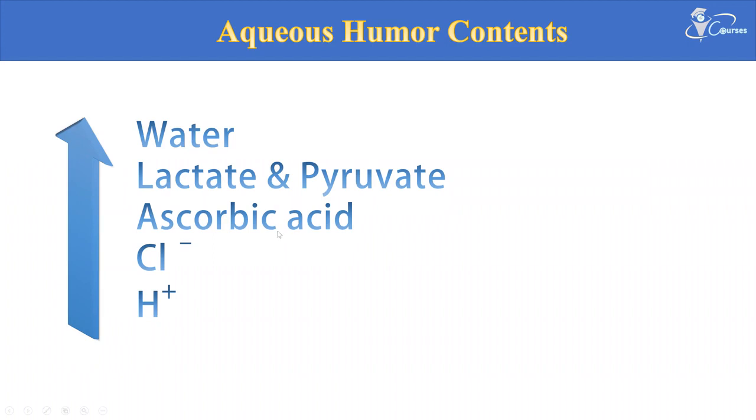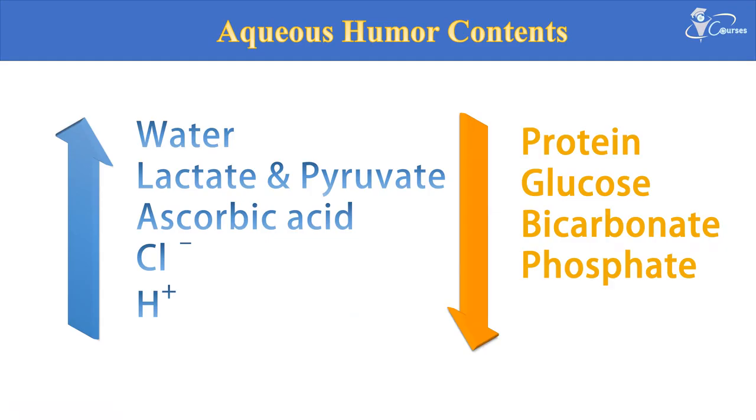It has ascorbic acid, which is an antioxidant, and regarding the electrolytes, it is also rich in chloride and hydrogen. There is low protein content thanks to the blood aqueous barrier. There is also low glucose content because it is rapidly consumed for metabolic processes, and it also has low bicarbonate and low phosphate.